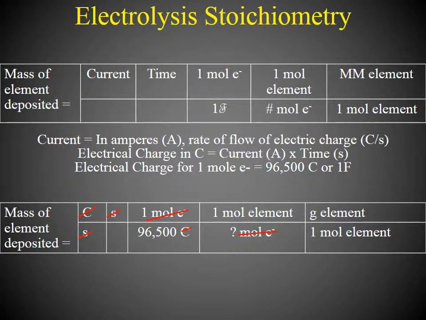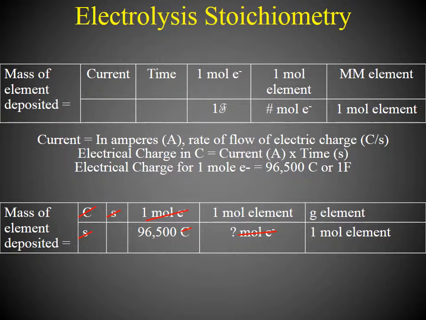Okay? Because what I'm trying to say is this: if I have copper 2, and I'm trying to figure out the mass of the copper that's being deposited on the cathode, well, I know to reduce copper 2, I have to provide it with 2 moles of electrons for every mole of the element.